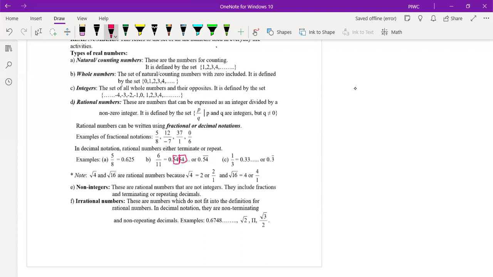So you have 0.54 and then put a bar over it. This means the block of numbers 54 keeps repeating, 54, 54, and so on. So this is an example of a repeating decimal, a decimal that repeats.